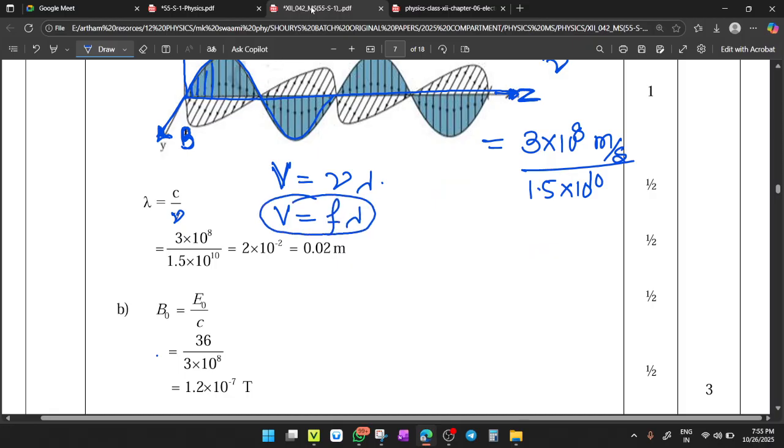But if vacuum is given, the speed of light becomes C, so you apply C equals nu lambda. Here the question is about an electromagnetic wave, which obviously travels with the speed of light C, so you apply C equals nu lambda. If a medium is given, you apply v equals nu lambda.